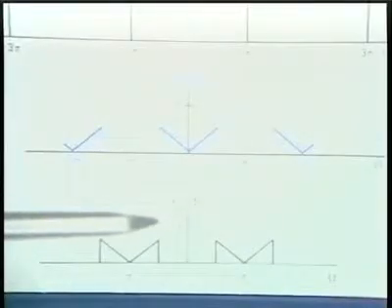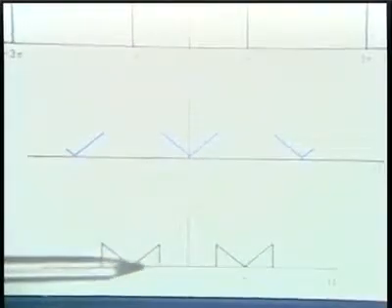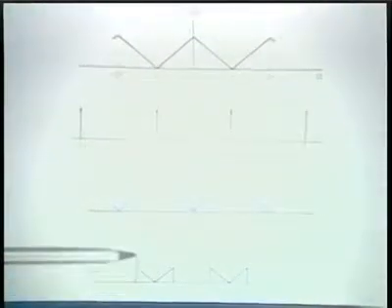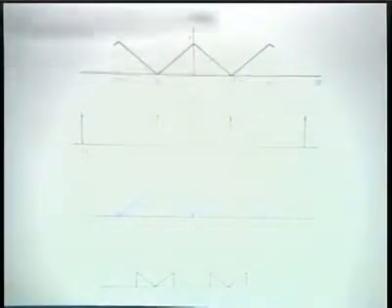So if we just compare this spectrum with the original spectrum at the top, what we can see is that, in effect, what we've done is to extract a portion of this spectrum equivalent to processing with a high-pass filter.